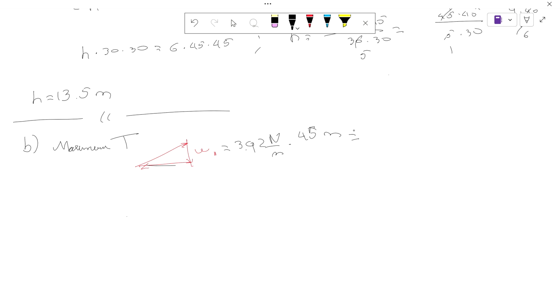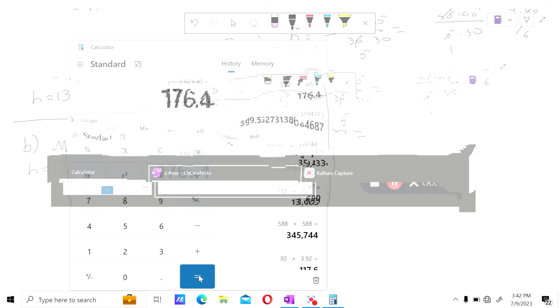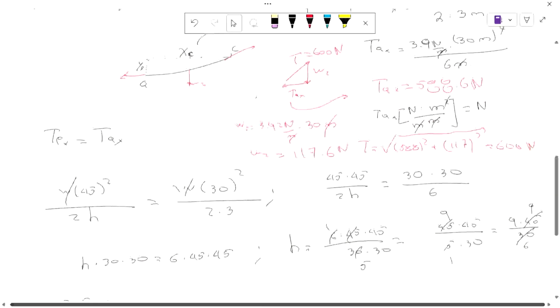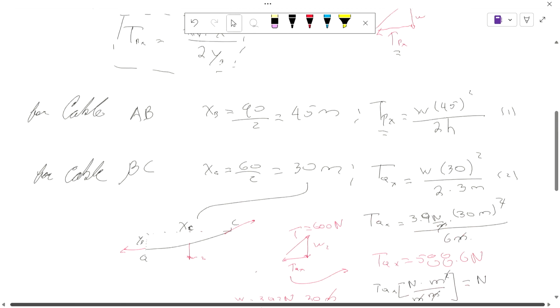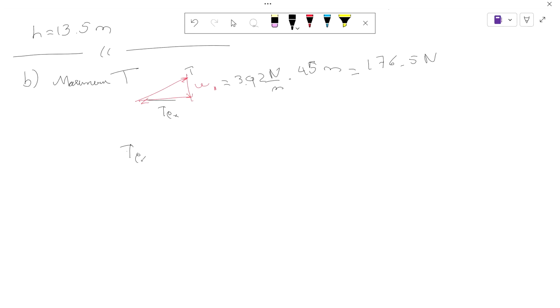This is equal to 3.92 times 45, which equals 176.5 newtons. All right, so we have this one. We have to find this one, and we have TPX, do we not? We do not. We have to compute it. So for that, we use this one. TPX is equal to W times 45 squared over 2 times H.